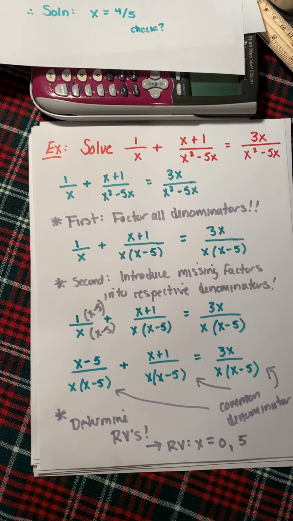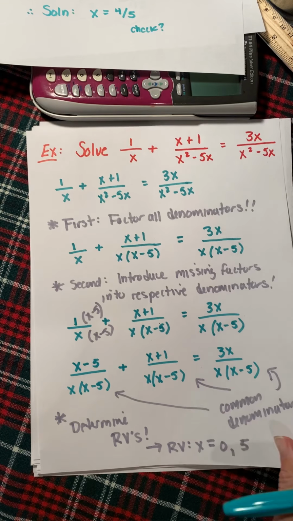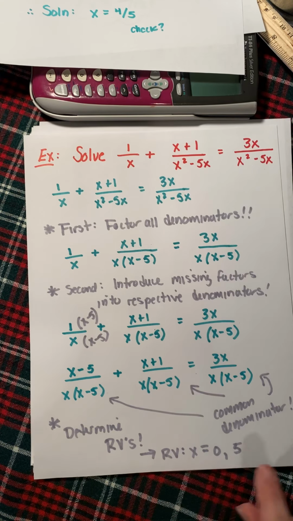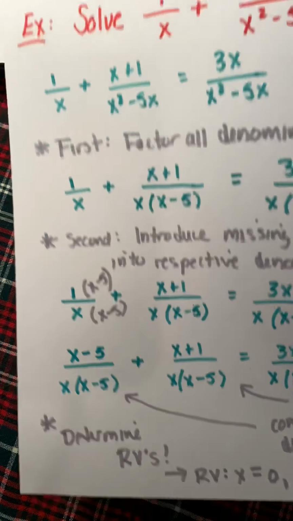So what this is telling us, when we proceed to finish solving this equation, if 0 or 5 is a solution to the revised equation, then it's not a solution to the original, because we are not allowed to put 0 or 5 in the original equation. So we'll worry about that when we get to the end. Just keep that in mind. Restricted values: x cannot be 0 or 5.